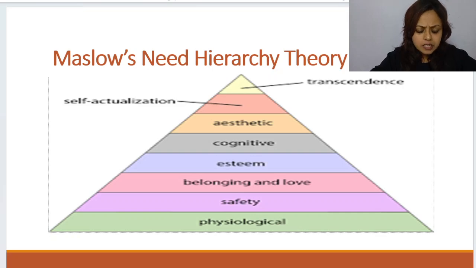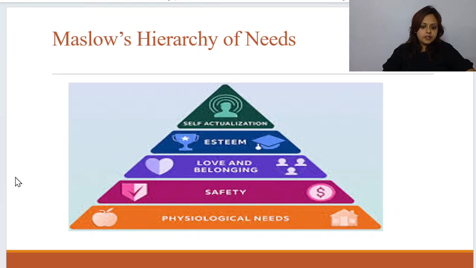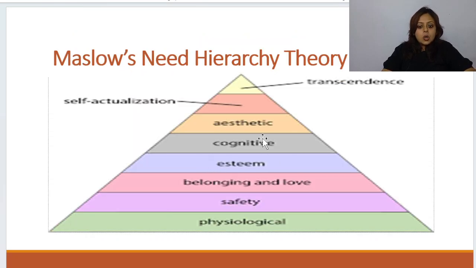Now let me explain what these 3 needs are. Before that, just above the esteem need, which I explained in the previous slide, which is above love and belongingness need, and below self-actualization need lies the cognitive need.